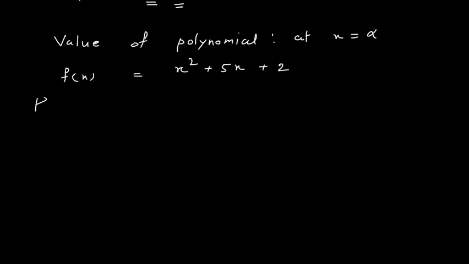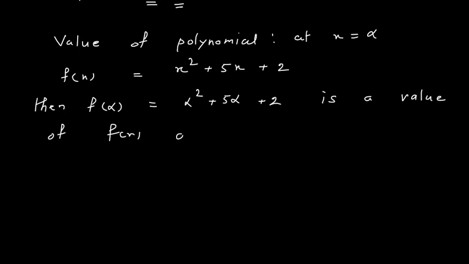Then f of alpha, which is alpha square plus 5 alpha plus 2, is a value of fx at x is equal to alpha. Now you will say that what is the difference? Okay, I am getting the same kind of expression, only the difference is that here x and here alpha. So alpha I have taken as a constant value.